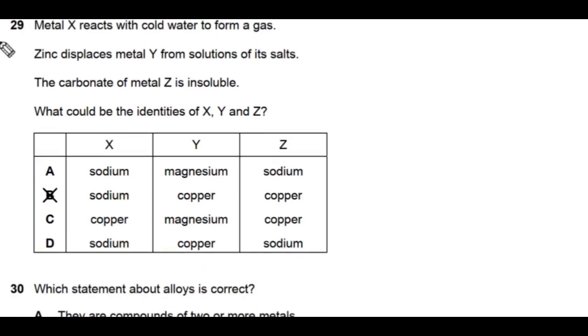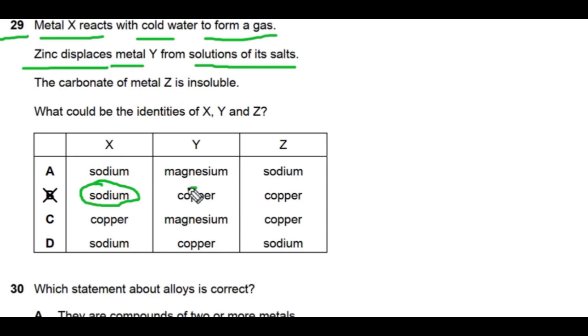Now 29. Metal X reacts with cold water to form a gas. Zinc displaces metal Y from a solution of its salts, that means X is more reactive than Y. Sodium is more reactive than copper, this is true.